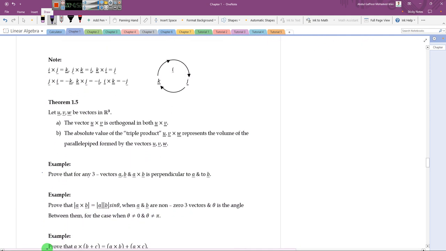So if u is equal to a1, a2, all the way to an, and v is equal to b1, b2, all the way to bn, now distance of u comma v can be written as the norm of u minus v, right? So the norm of u minus v is nothing but the dot product of u minus v with u minus v, and we have to take the square root.